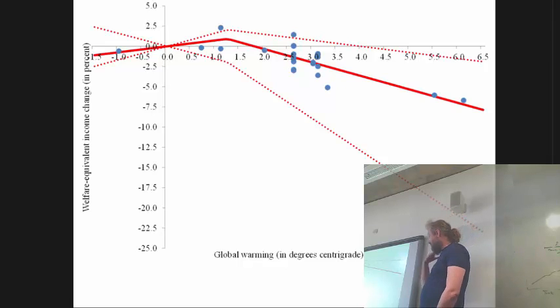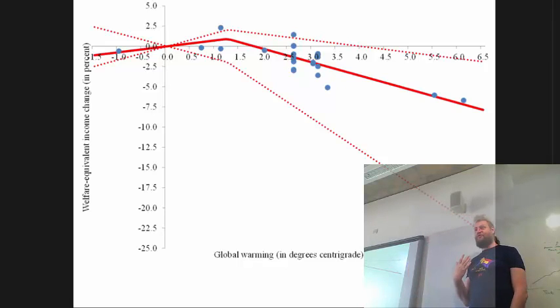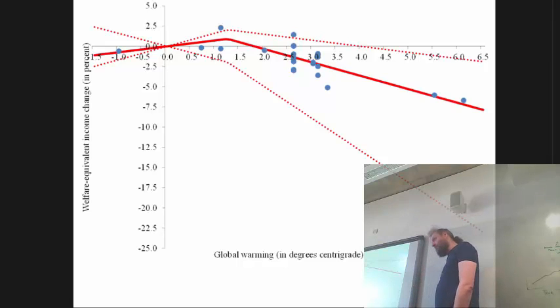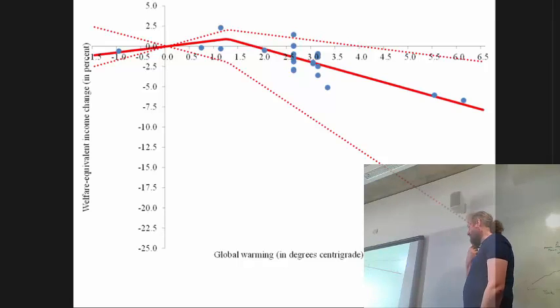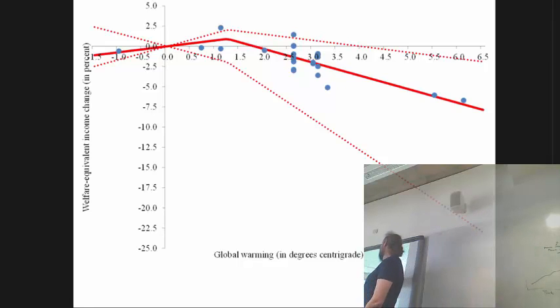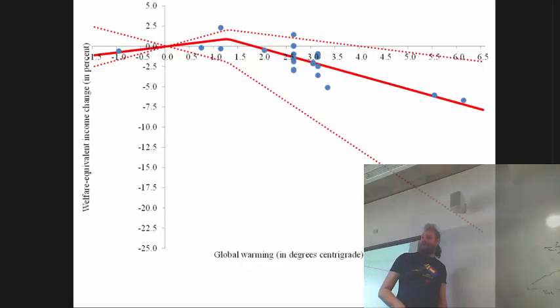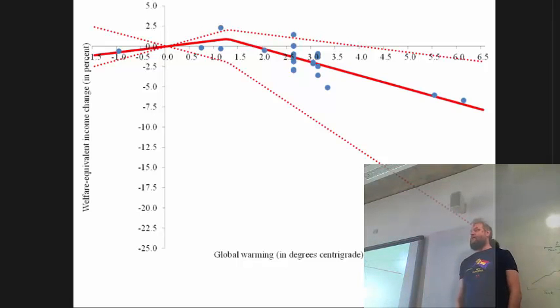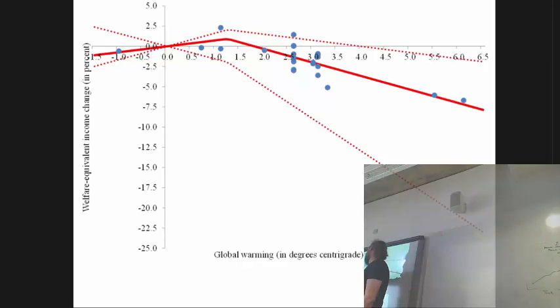And that is because, well, first, this graph is relative to pre-industrial times. We've already seen about 0.8 degrees of warming over the last 1.5 centuries. So we are roughly here. So the turning point is actually very, very close. And because of all the momentum in the carbon cycle and in the climate, because of the ocean, as well as in the energy sector, we will not avoid this turning point.